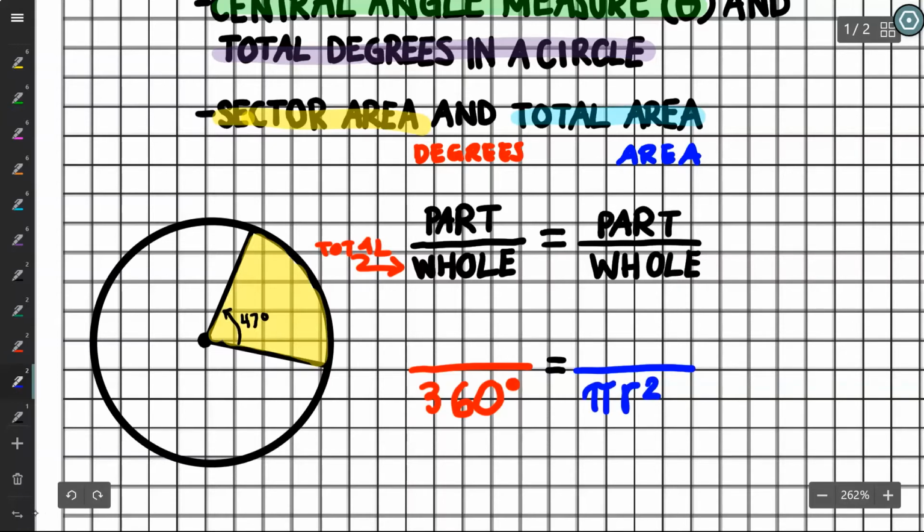Alright, so now the part of our whole when we're looking at the degrees is always our theta, our central angle measure.